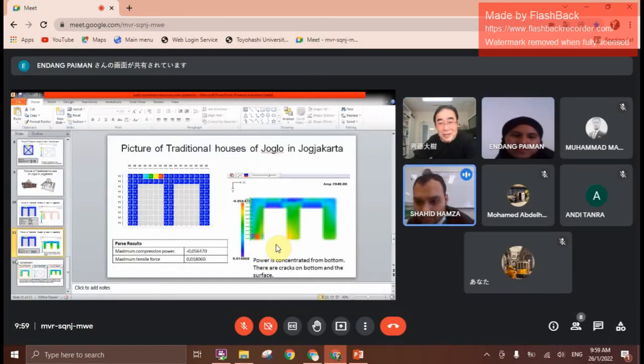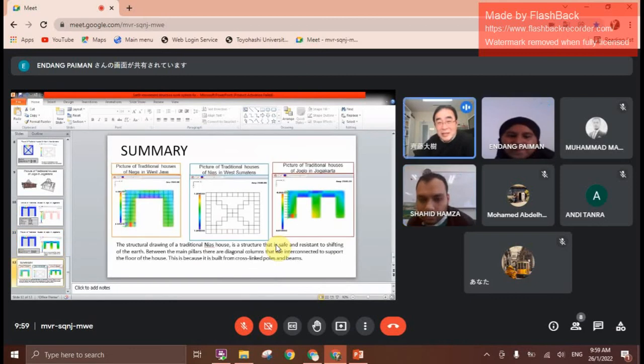Okay, Enda-san. Hello, can you hear me? Yes. If you don't apply support on the base, then it will not show any results. In the second example, I think you are not applying any base support, so that's why. The houses are different types to build. For the first and the last traditional house, the pole is planted on the ground, but for the second house type, the pole is not planted.